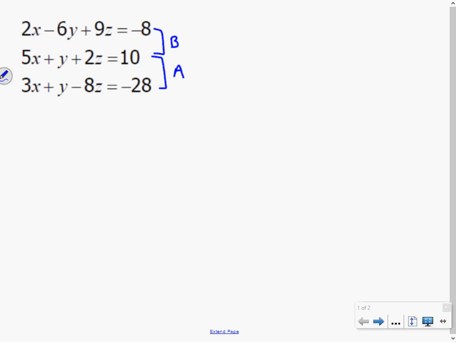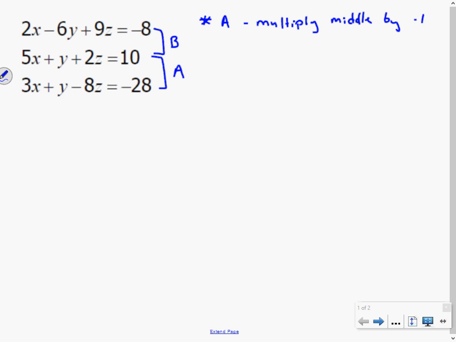So for A, we need to cancel these y's out. In A, I'm going to multiply the middle equation by -1, so we get a negative y, and then we have a positive y in that bottom equation.